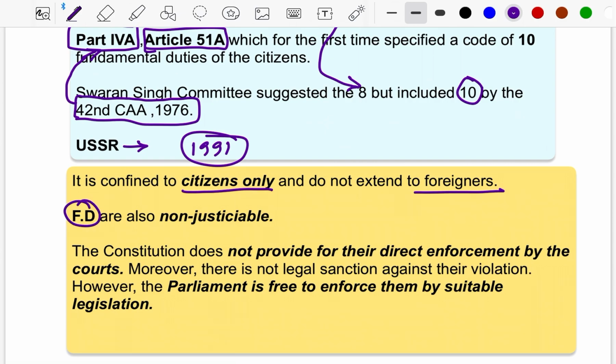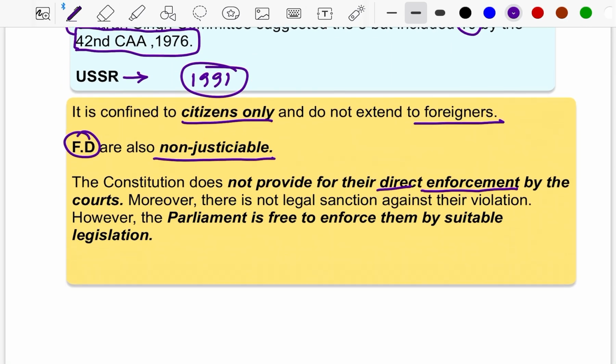Second, fundamental duties are non-justiciable and non-enforceable. It is directly non-enforceable; that is why it is written here. Though indirectly, some of the fundamental duties are enforceable, right?